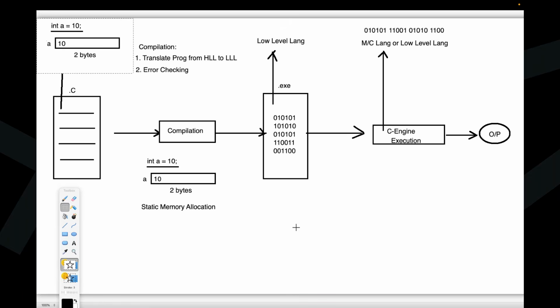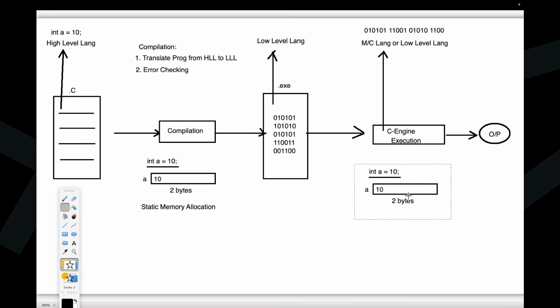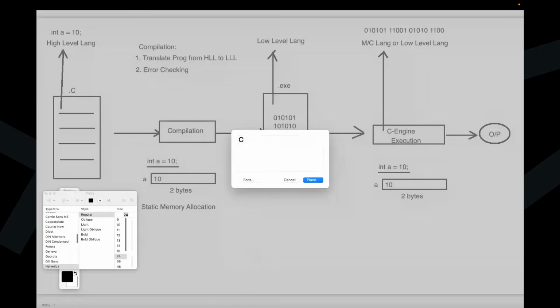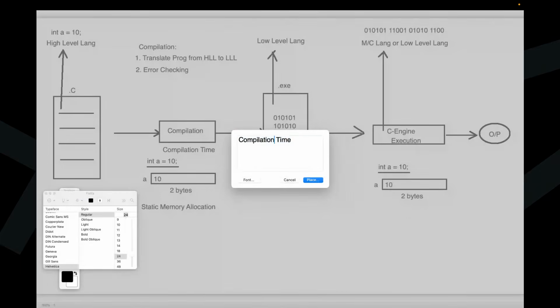Similarly, if the memory allocation is provided at the runtime of the application, at execution time, we have to understand: this is the compilation time, and here is execution time.